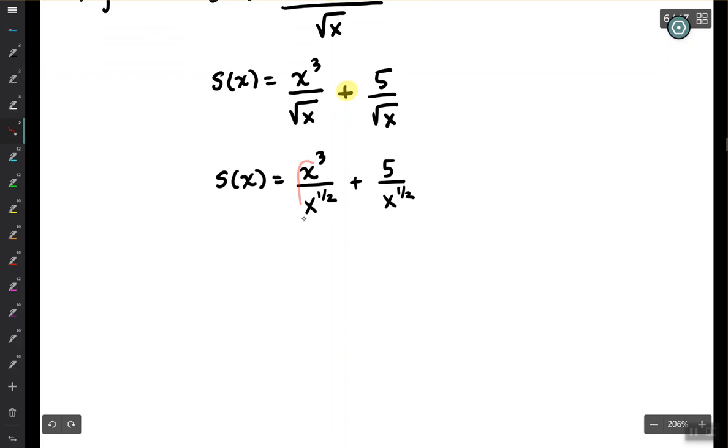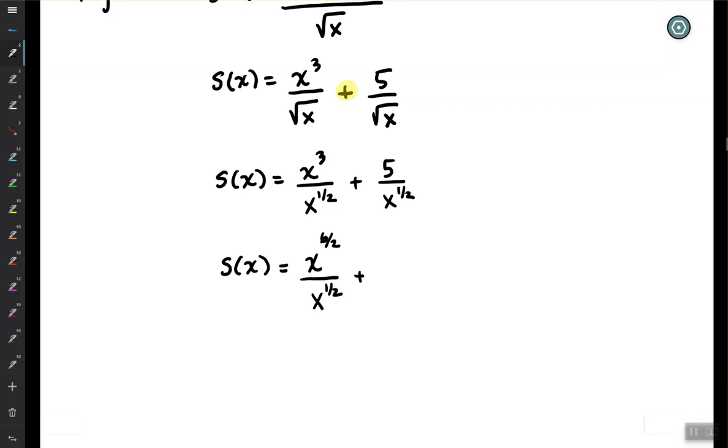The base of my exponent is the same, so I can subtract these exponents. X cubed is x to the 6/2, and 6 divided by 2 is 3. X to the 6/2 divided by x to the 1/2 will just be x to the 5/2.